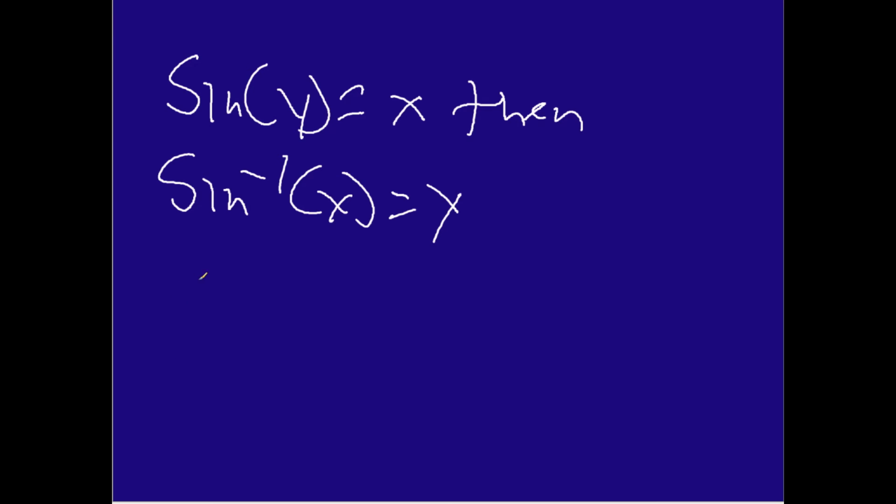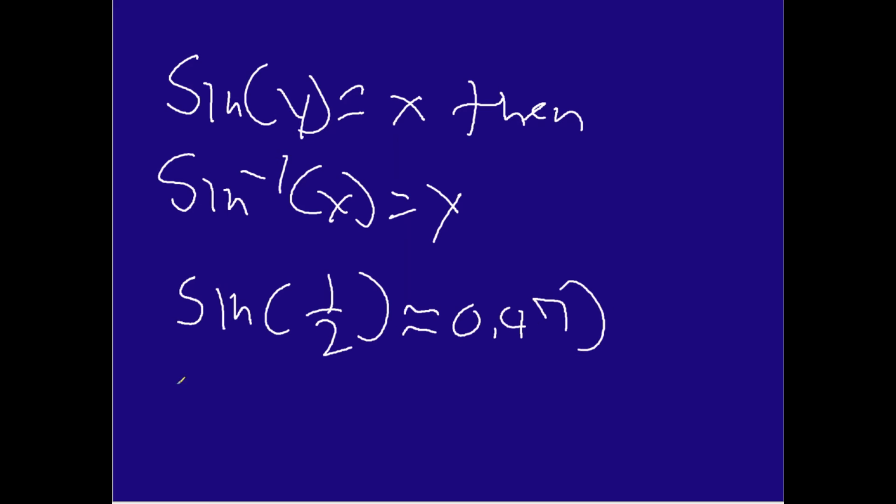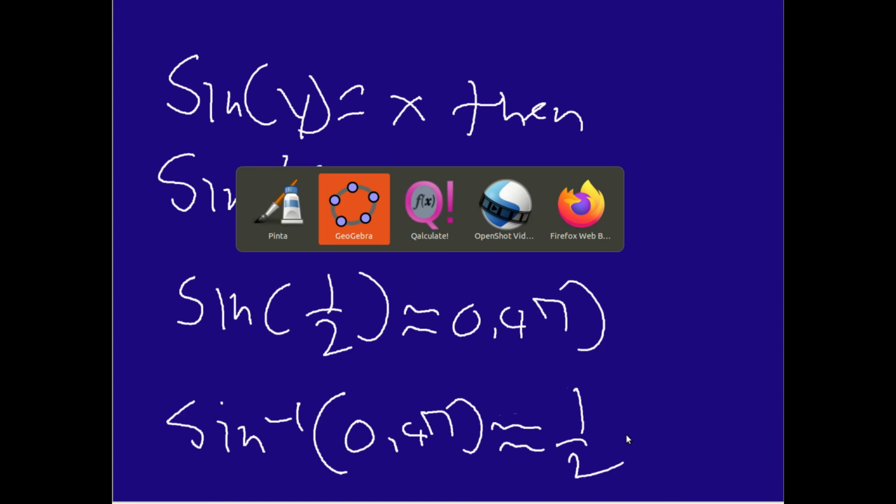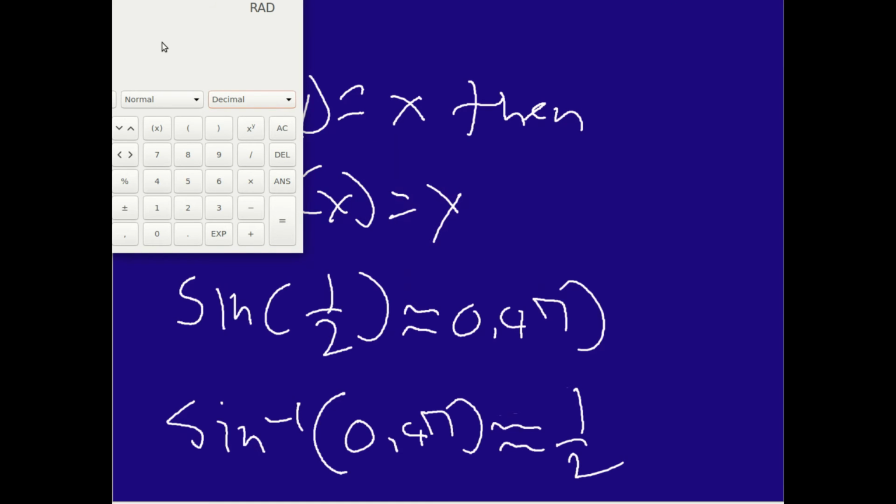Let's say I have sine of 1/2. That's going to equal, let me put the wavy line, about 0.47. This means that if I do sine to the -1 here, and I put 0.47, it should equal about, put the wavy lines again, about 1/2. And so let me go ahead and show you this as an example real quick.